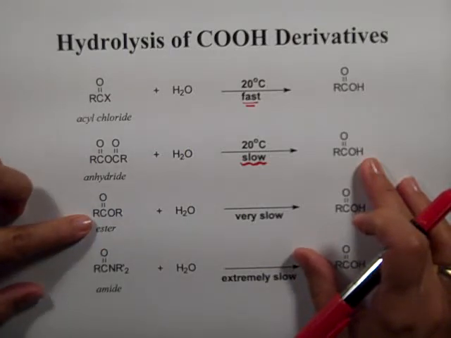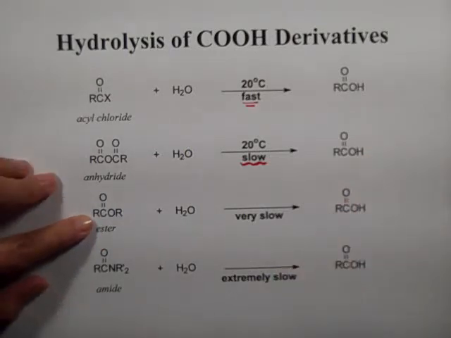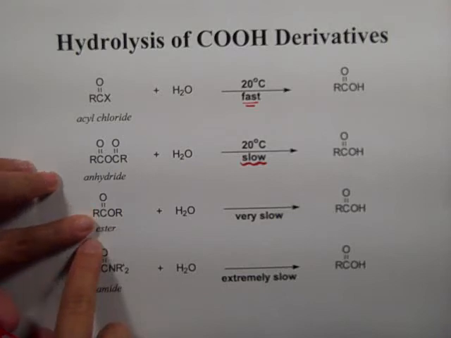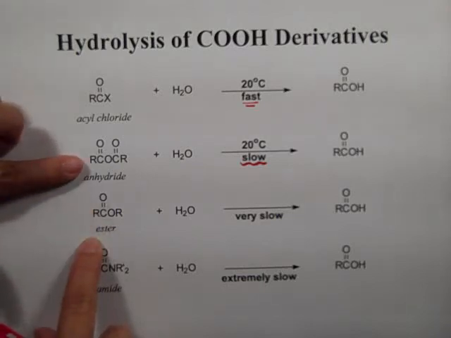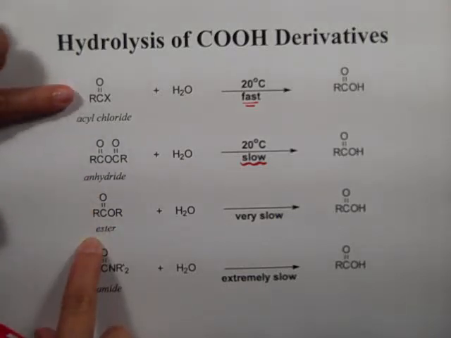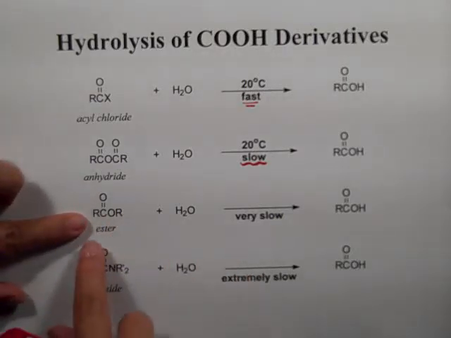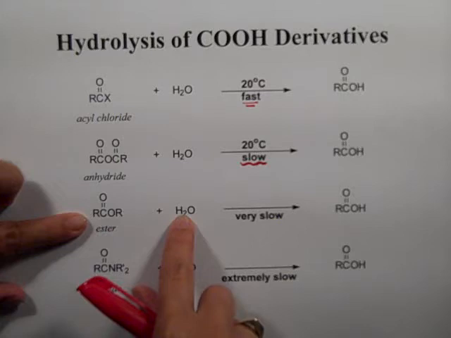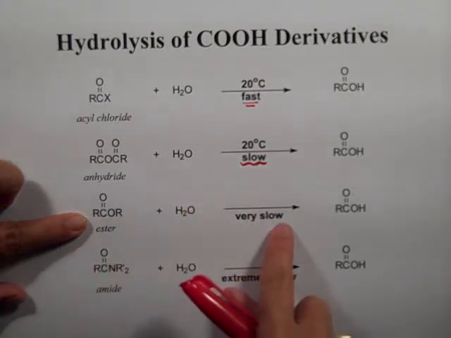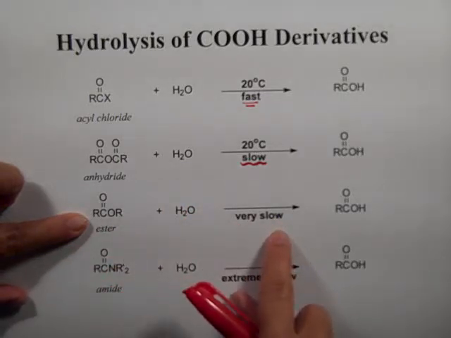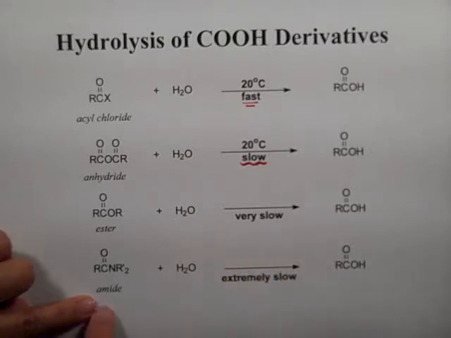Now here's the esters, and in terms of reactivity, the esters are less reactive than anhydrides, and the anhydrides are less reactive than the acyl chlorides. And we can show you that it's less reactive because under the same hydrolysis conditions, the reaction is going to be very slow. The last one, the least reactive carbonyl, is our amides, and it's going to be an extremely slow reaction.